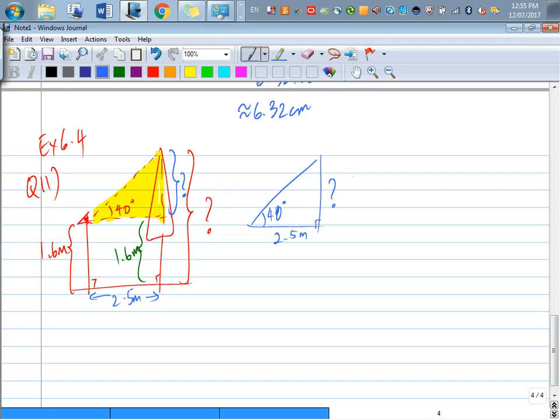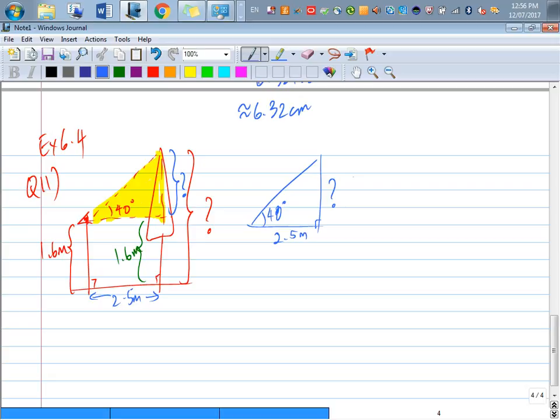I need to know this side. What is this side called relative to the angle? Opposite. And what is this side? Jason, what trigo ratio should we use? Yang Kun? What trigo ratio should we use? Huh? I can't hear you. Louder, louder.